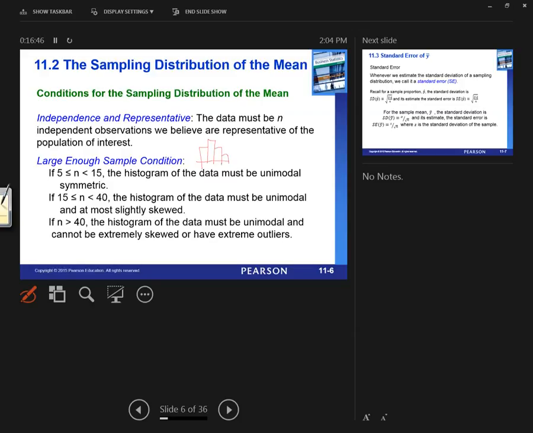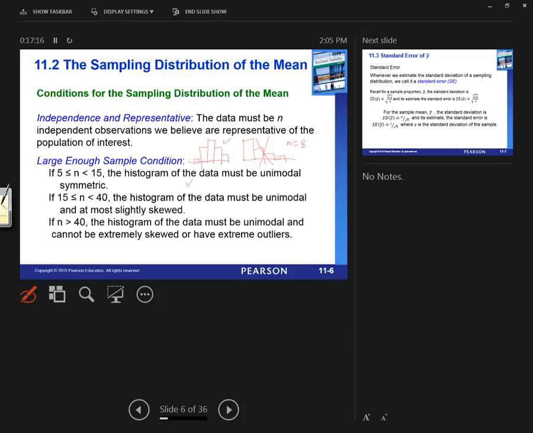Then if I take a histogram of the data and it looks like that, it's okay. But let's say maybe it looks like this though. Then we can't, that's for a small sample. If my n was 8, and it looked like that, that would not work.